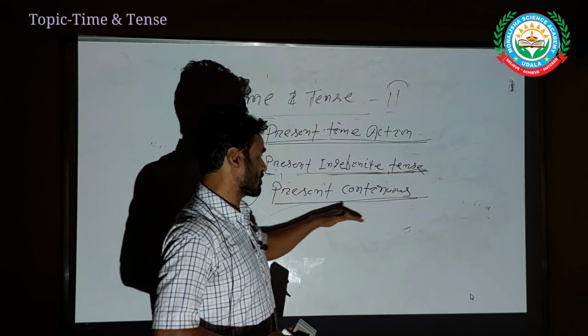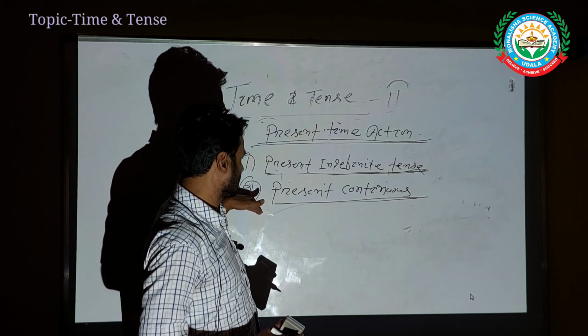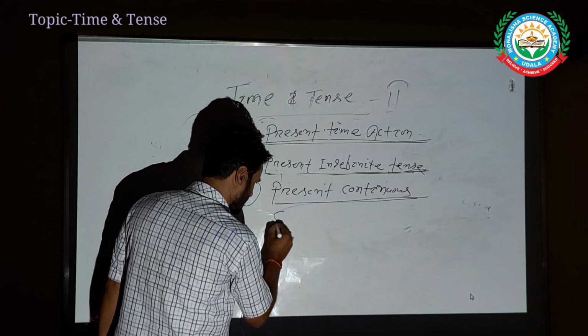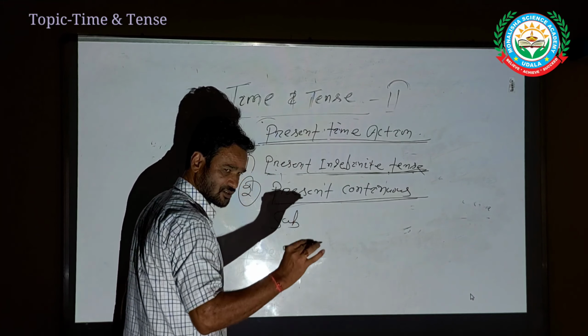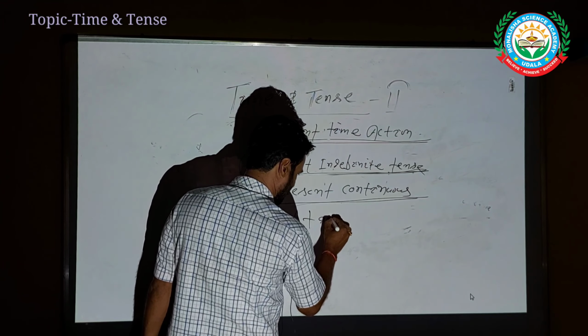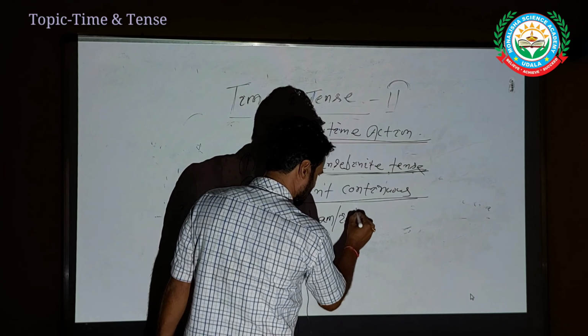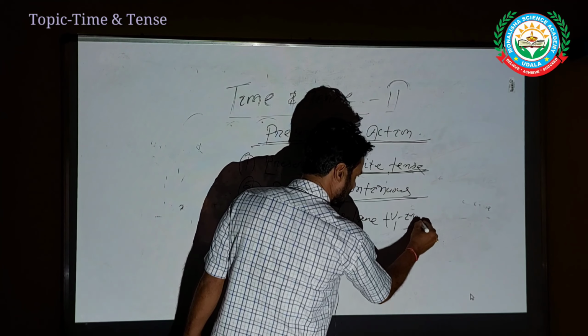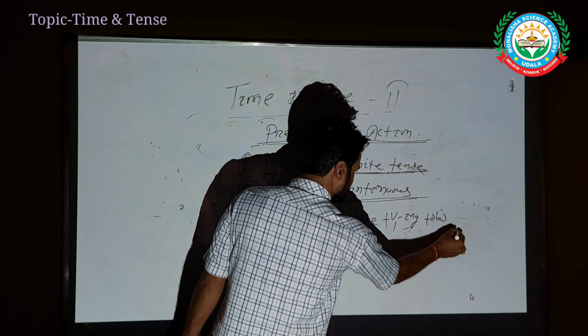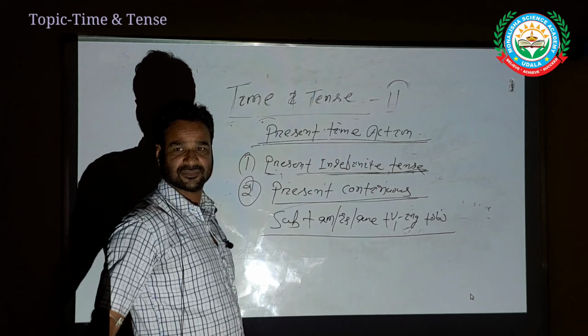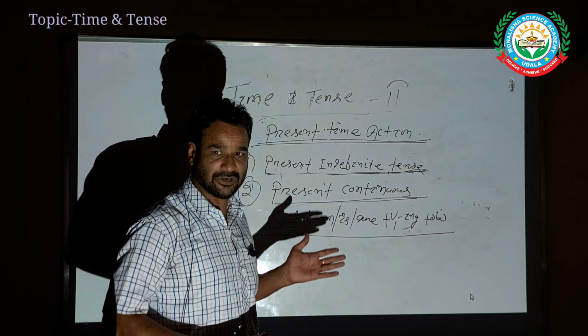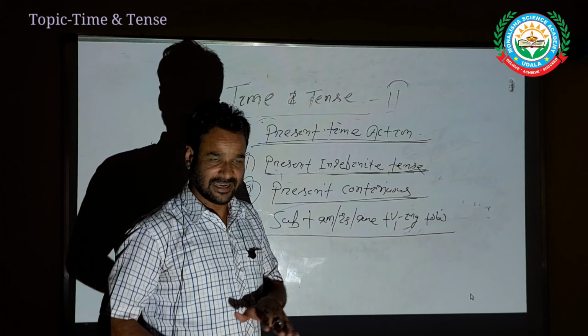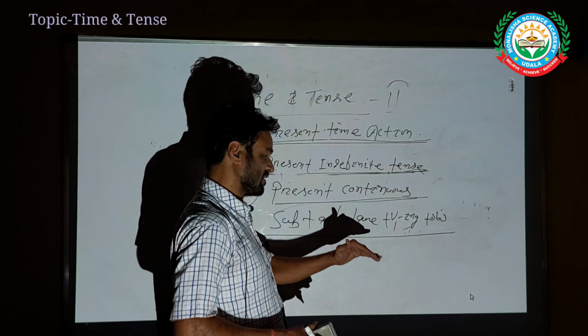A continuous action can be expressed with the structure subject plus am/is/are plus V1+ing plus object. This is the structure to express a continuing, ongoing action at present.